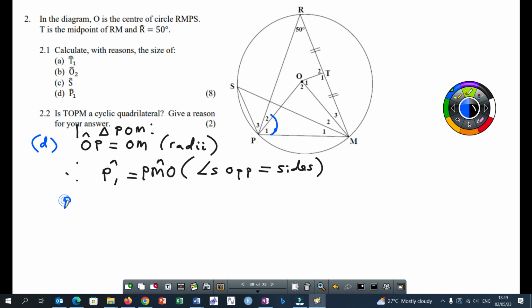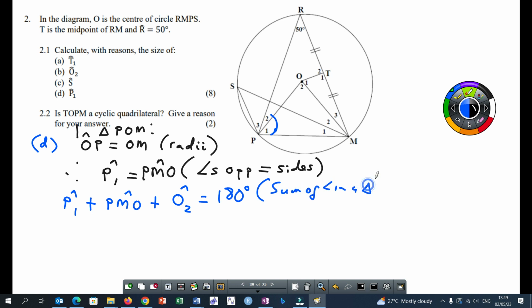Then we'll say P1 plus PMO plus angle O2, they add up to what? 180. And our reason there is sum of angles in a triangle.